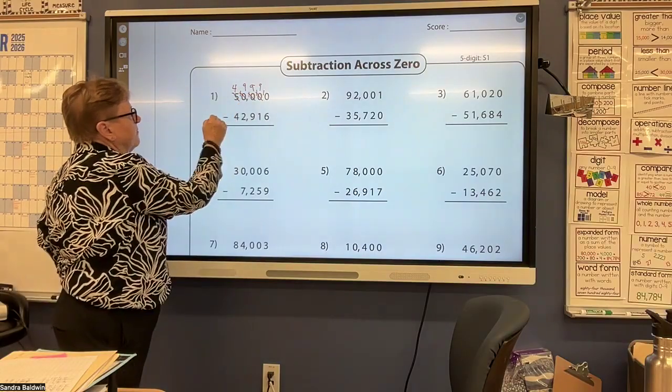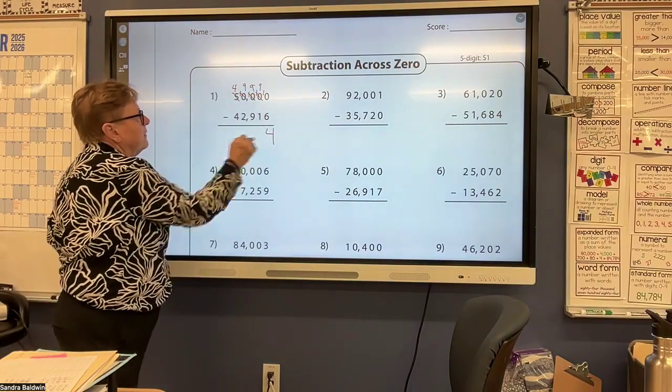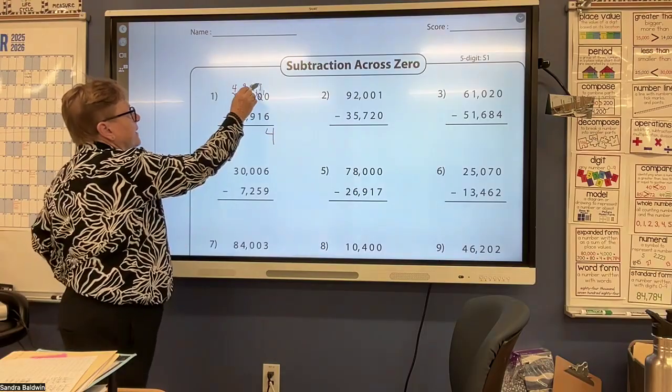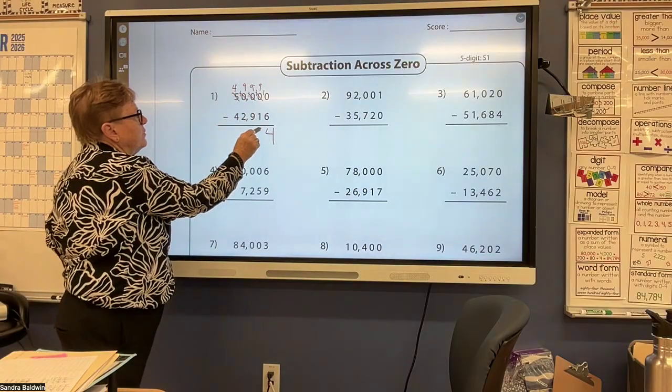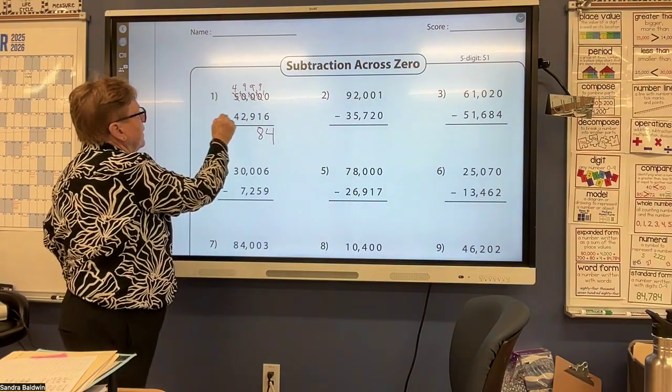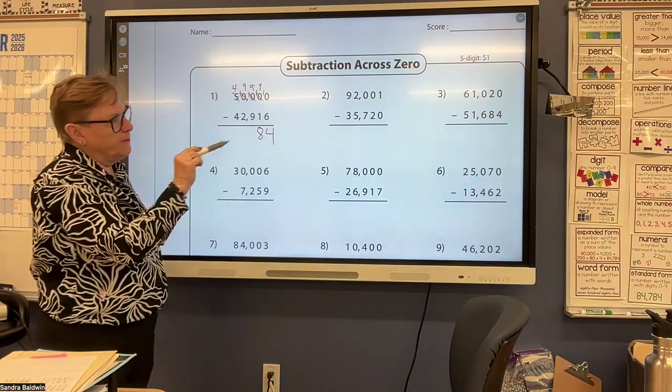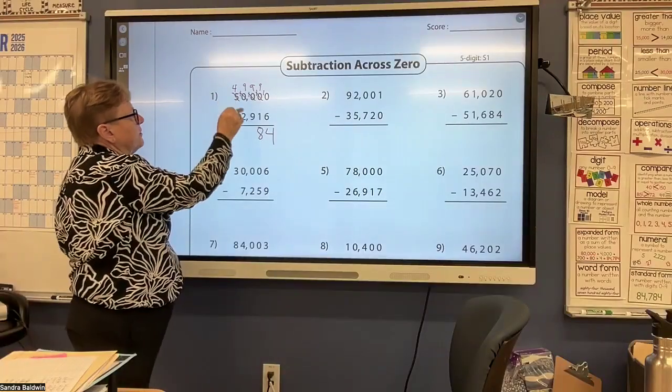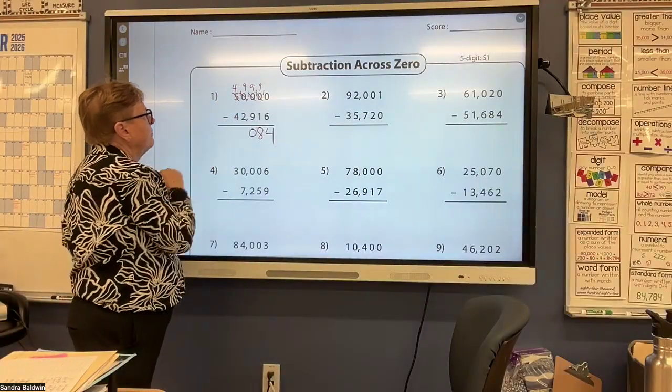I can say 10 minus 6 is 4. I can subtract 9 minus 1, which is 8. I can subtract 9 minus 9, and that goes with our saying, if the number is the same, 0 is the game.